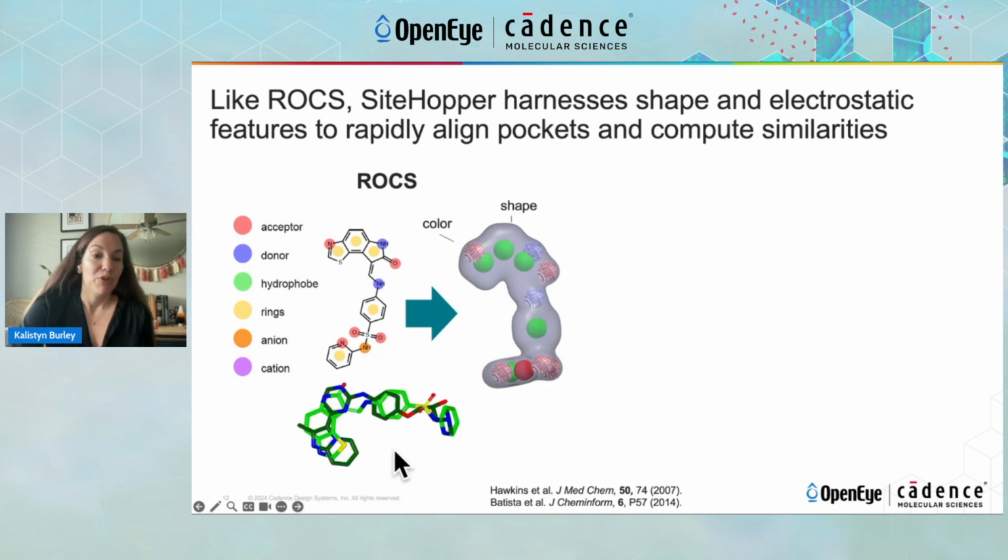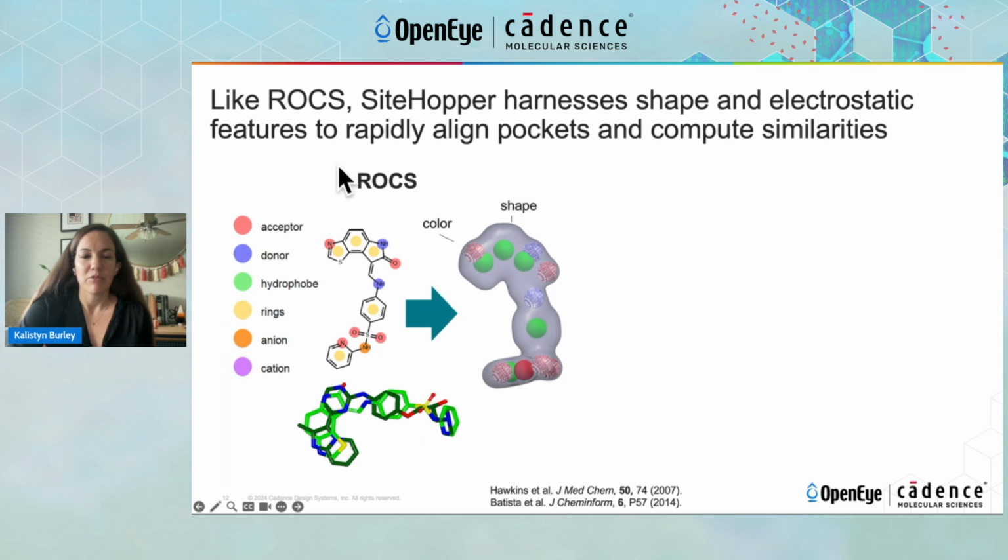Using this approach, we've been able to very effectively and efficiently identify compounds that have dissimilar 2D path similarity, but can have very similar 3D similarity. And this tool has been incredibly effective as a ligand-based search tool.